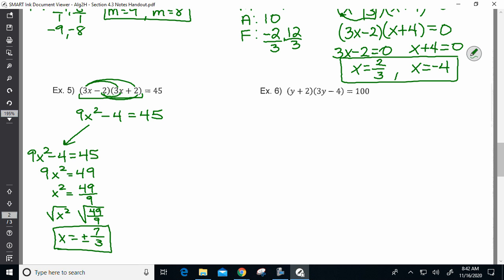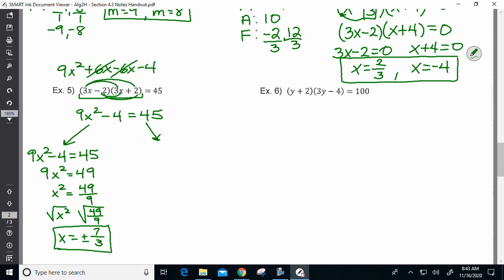So that's one way to do it. If you do FOIL correctly, the 6x and the negative 6x should have dropped out. If you multiply that out, that's 9x squared plus 6x minus 6x minus 4. Those are dropping out. So that's the square root way.